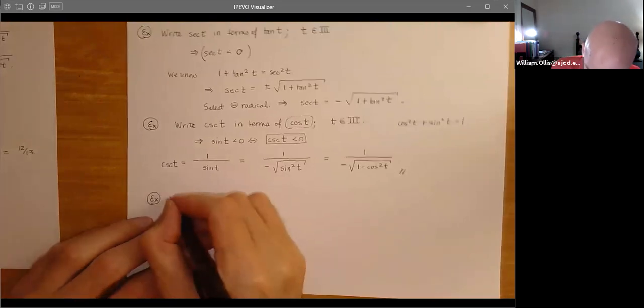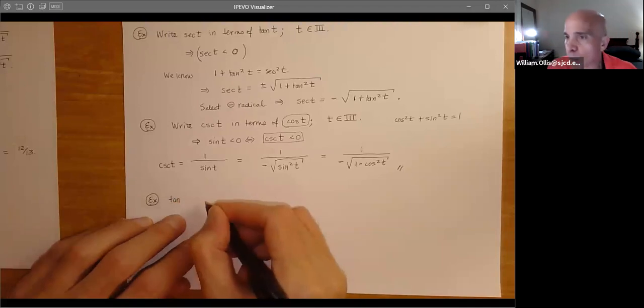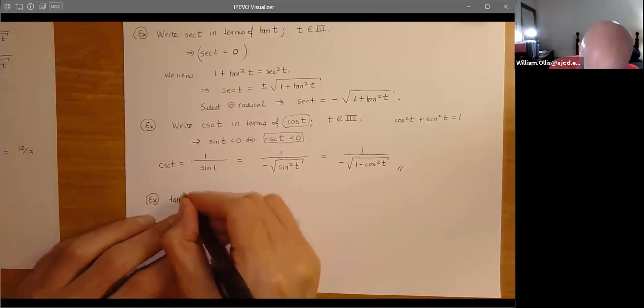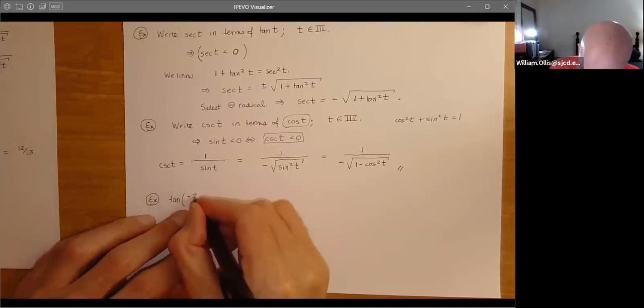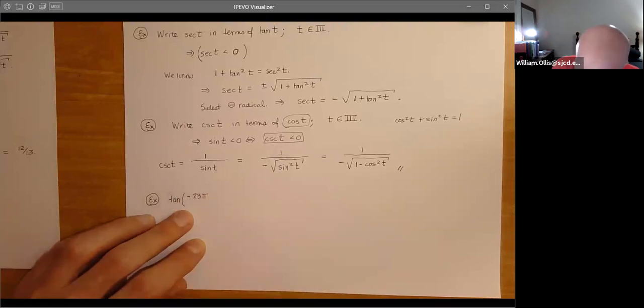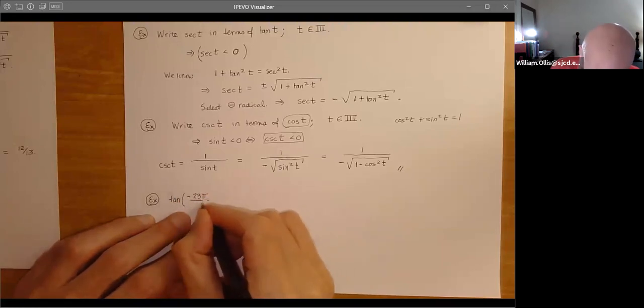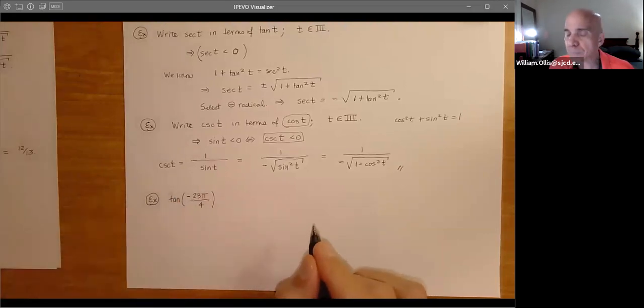So for instance, if we're doing WebAssign, and WebAssign says compute the tangent of, say, negative 23, I'll just make one up to make it interesting, negative 23 pi over 4.